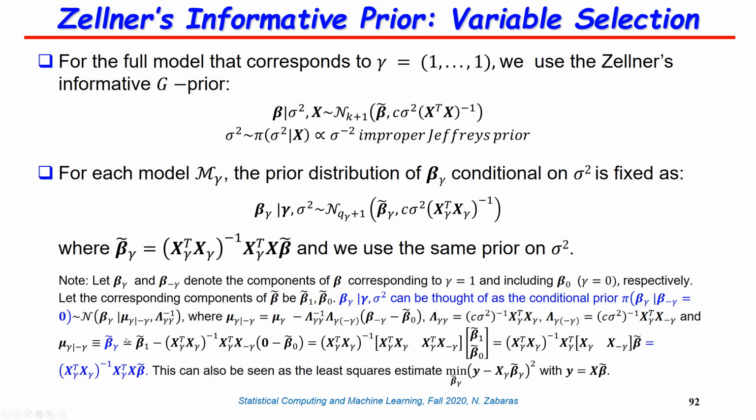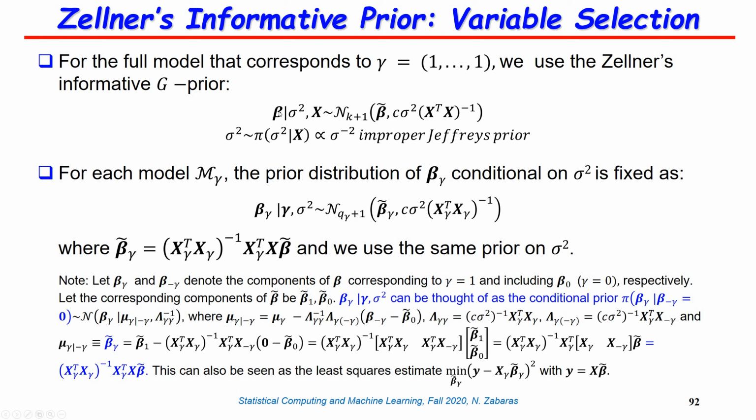So this equation, using this solution of the least squares problem, can define what the prior of my restricted model M gamma is going to look like. And there is another derivation that somehow gives you the same result, and I'm only going to highlight it. The proof is at the bottom of this slide.